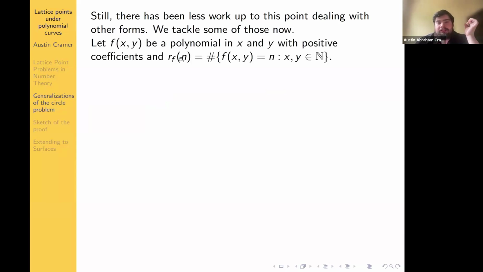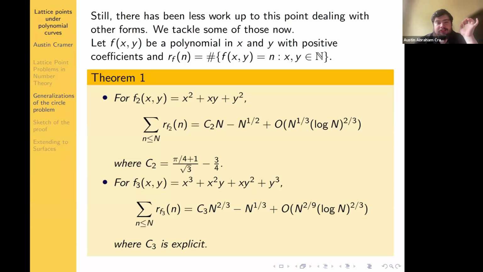What I'm now going to do is let R sub f of n be the number of ways of representing n as some f of x, y for two natural numbers x and y, where f is going to be some nice polynomial. And the first theorem I have to share is about these two forms. I have a quadratic form x squared plus xy plus y squared, sort of the nicest first example to look at where we have an off-diagonal term.